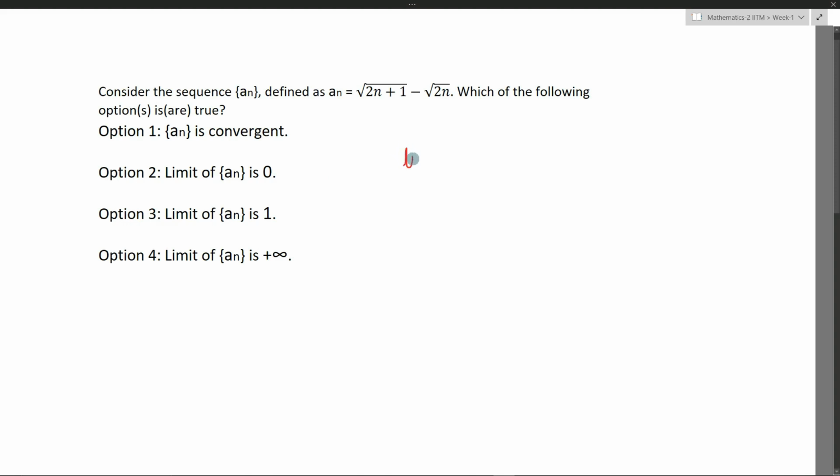So limit n tends to infinity of an is equal to limit n tends to infinity of square root of 2n plus 1 minus square root of 2n. What will happen if I substitute infinity directly? I'll have infinity minus infinity, which is again an indeterminate form. So to simplify this, I'll have to rationalize this.